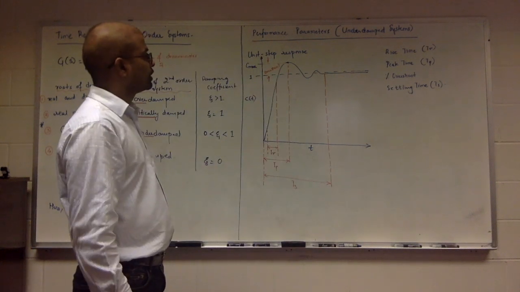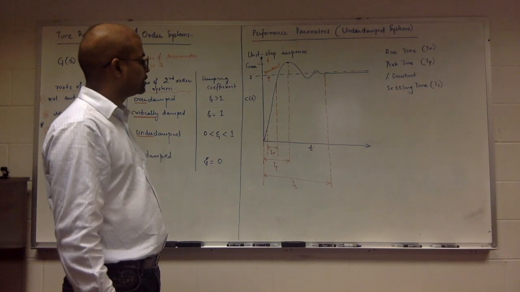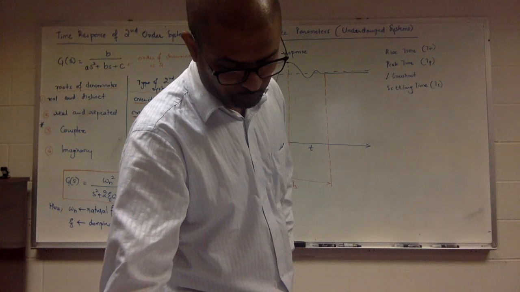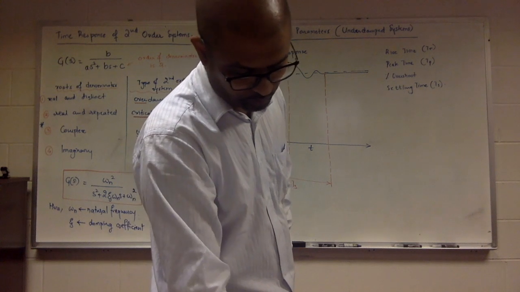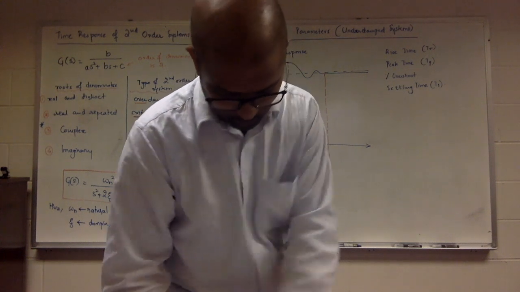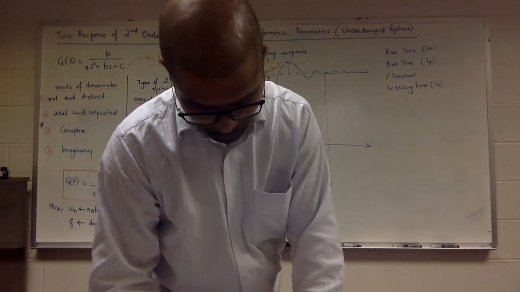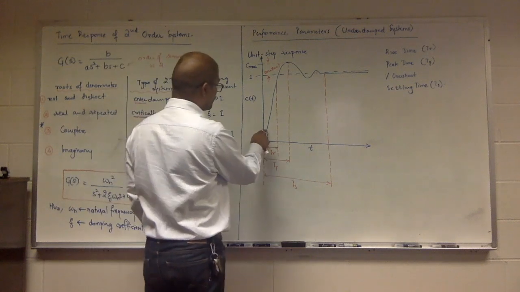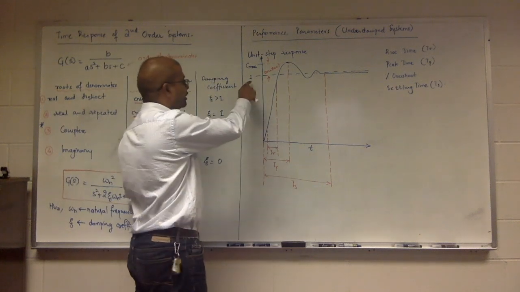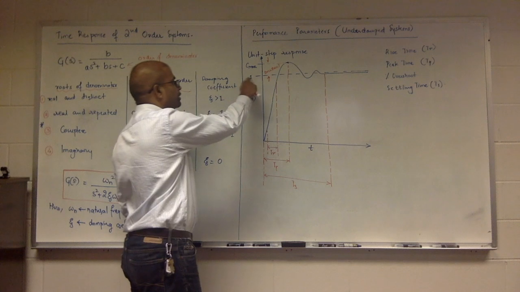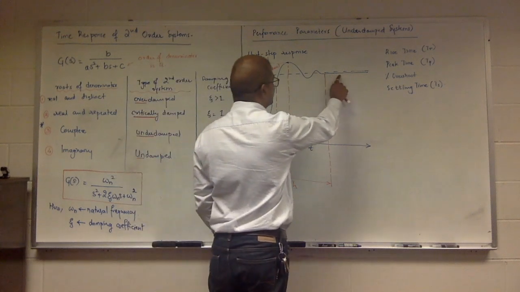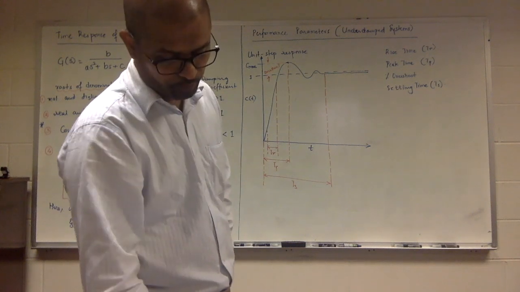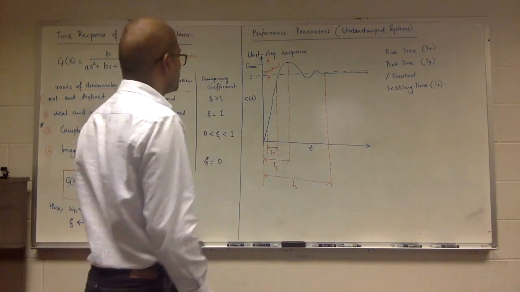Okay. So rise time, it's essentially defined as the time taken for the system to go from 0.1 of the final value. The final value here is 1, okay? Because you see where it is settling. It is settling around 1, right? 0.1 of the final value to about 0.9.